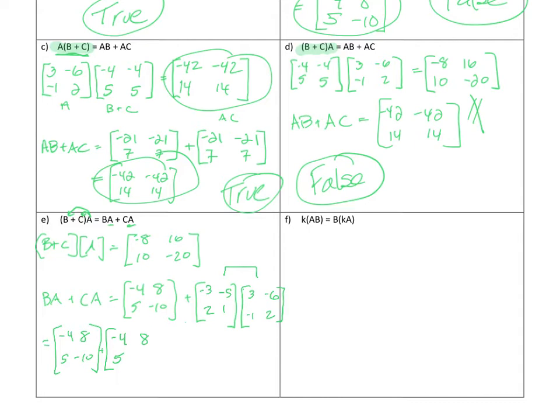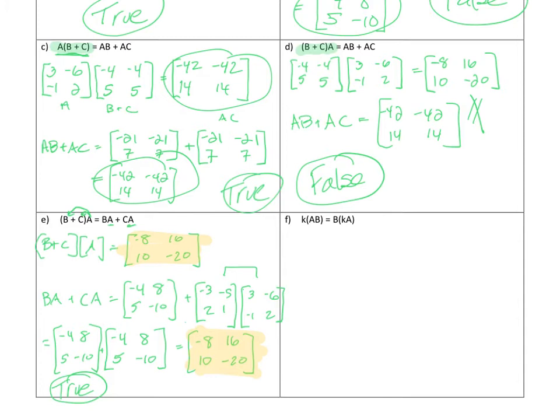And -12 plus 2 is -10. Add these together and I get -8, 16, 10, -20, which is the same as I got up here. So this did hold. The distributive property does hold as long as you are conscious of the order of the multiplication. You can't change the order of the multiplication.